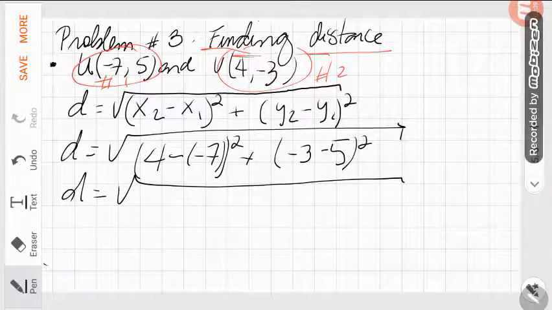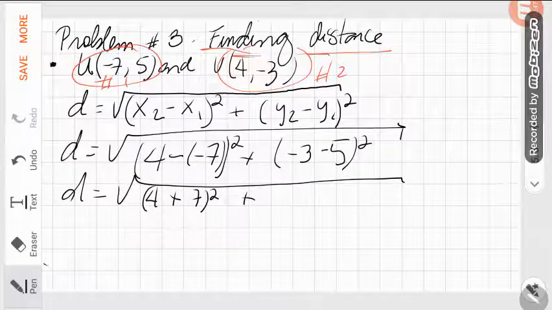So in this case, we're going to have 4 added to 7 and then elevated to the second power. According to what we learned in basic algebra, when adding integers that have the same sign, the numbers will be added and the same sign will be placed.